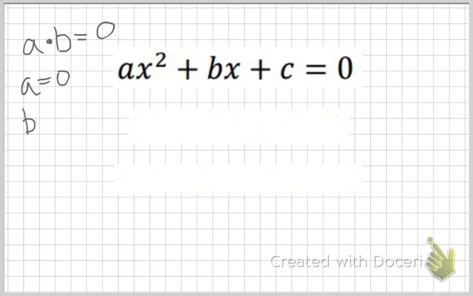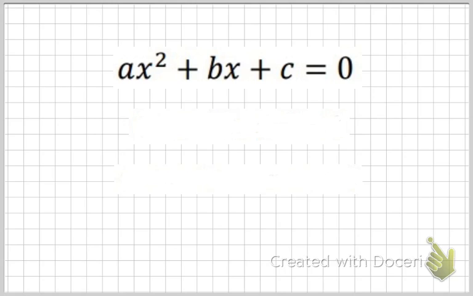Or it could be that maybe B is 0 and A is some kind of number. Well, any number times 0 will result in 0. And that's what the zero product property is. Product because we're multiplying, 0 because that's what they multiply to be, a 0.